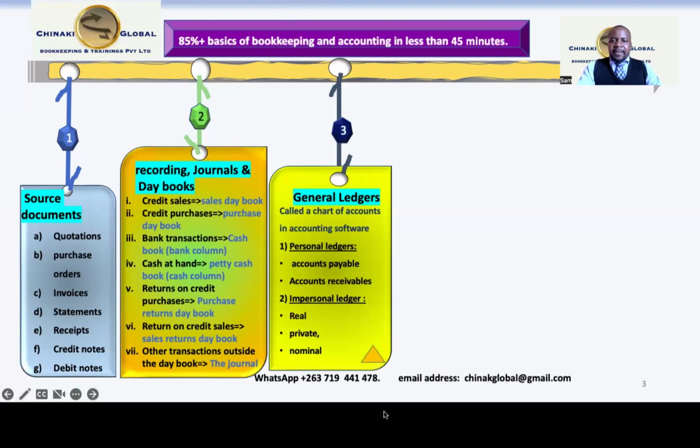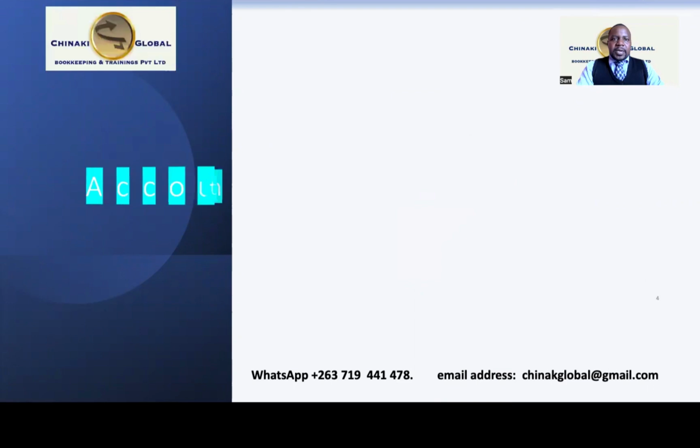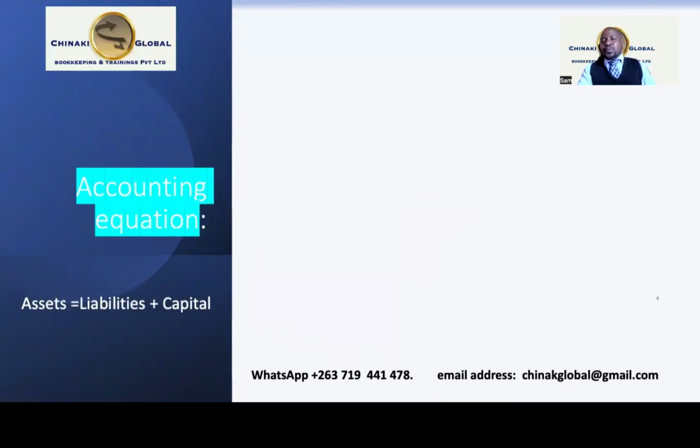Okay, so let's quickly have an overview of how we are supposed to complete these ledger accounts. We want to start with the accounting equation. What it means here is that whatever we are giving, there's also a part which is receiving.